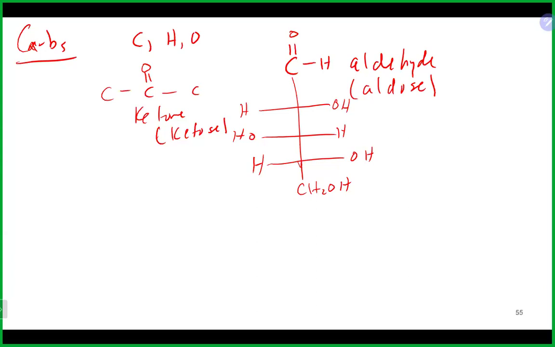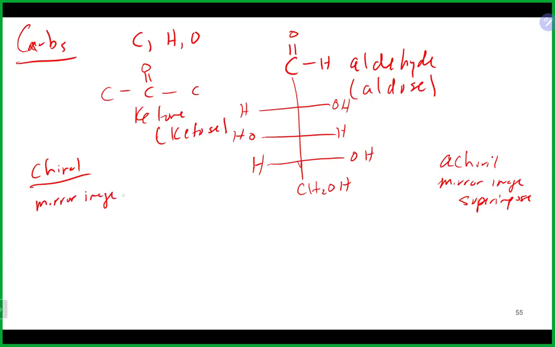And again, you can recognize a chiral carbon as a carbon that has four different groups attached. An achiral molecule, on the other hand, has a mirror image that will superimpose, as opposed to a chiral one where the mirror image will not superimpose.